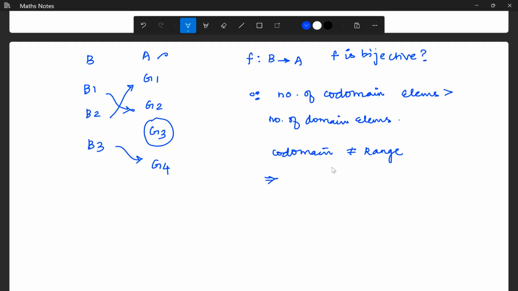So codomain and range not equal, this results in the relation being not onto. Since it is not onto, we can say that it is also not bijective.